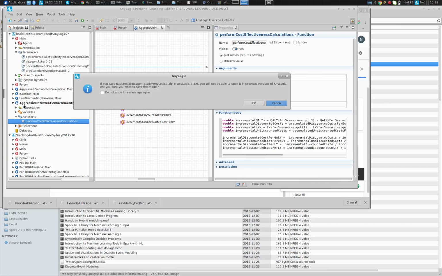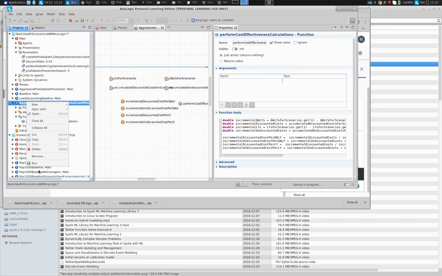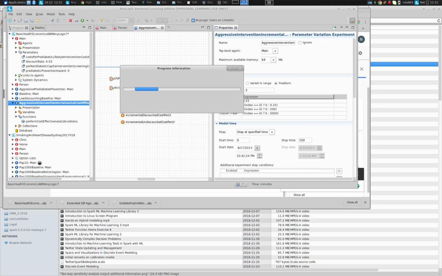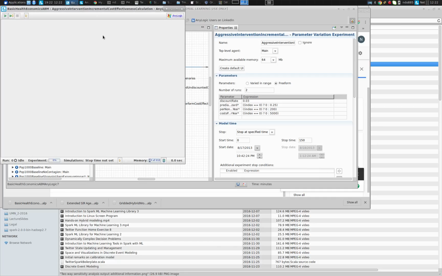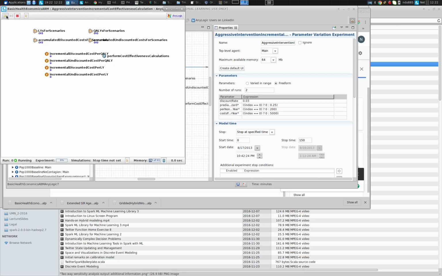So if we were to run this, we run it for, I think, 150 years here. And here we go. We're running it out on both of these in parallel. We just finished, and here we go. Here are the discounted costs per year.